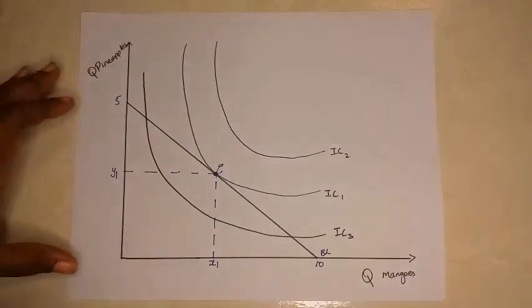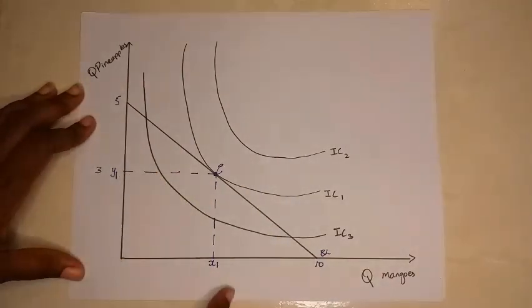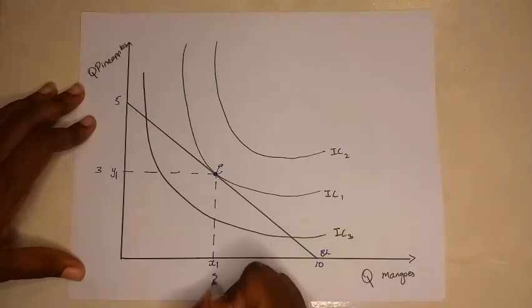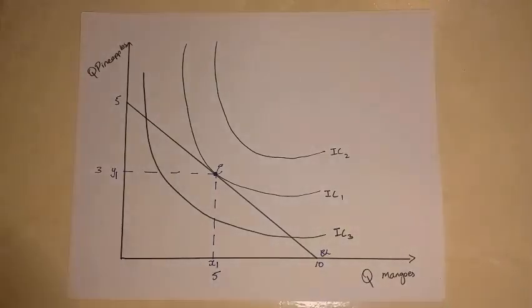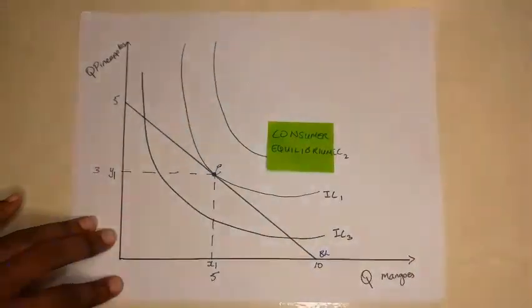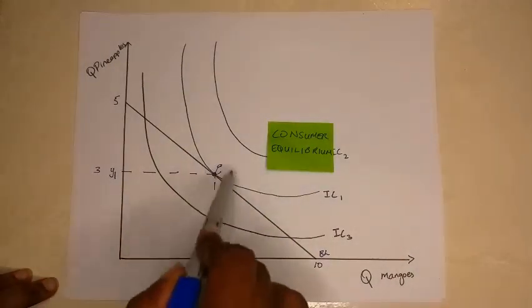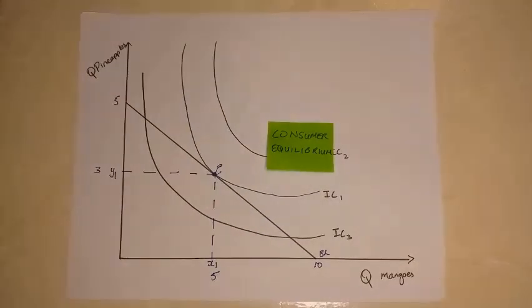If we're using figures, this might be, let's say, 3, and this might be, let's say, 5, right? Just making a rough estimate, right? So consumer equilibrium, as I said, occurs where our budget line is tangential to our indifference curve, and this occurs right at this point here.